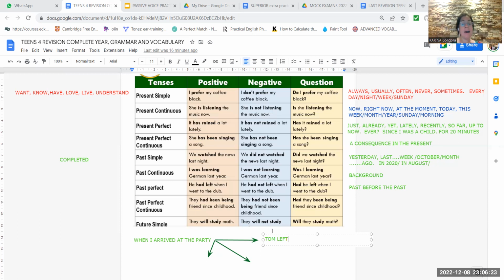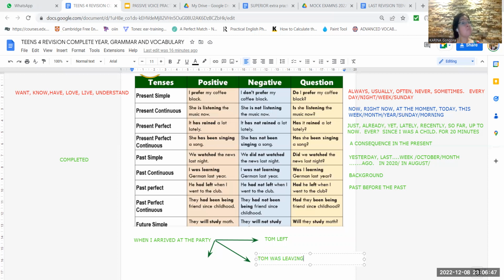Then, when I use past continuous, for example, Tom was leaving, right? Mismo verbo. Tom was leaving. Here the situation is different. When you arrive, something was happening. Cuando vos llegás, algo estaba sucediendo. What was it? That Tom was leaving. Acá no charlé con Tom.